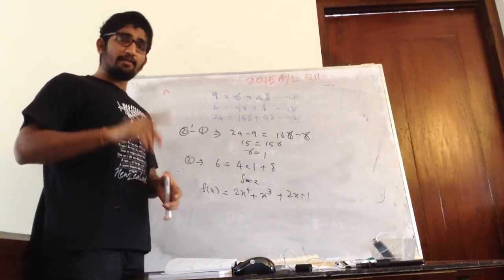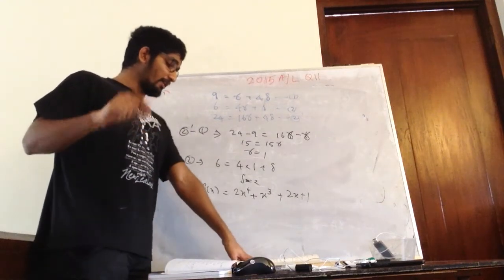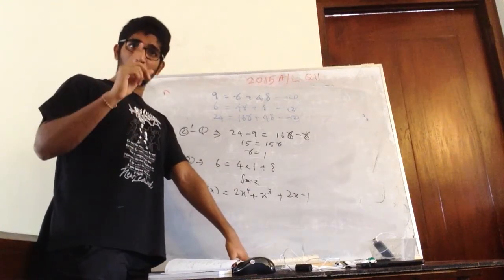They have actually made the sum easier, since they have given that f(-1/2) is equal to 0.